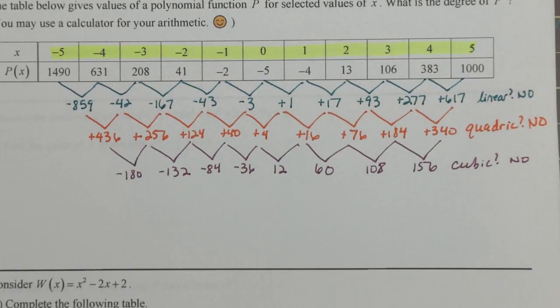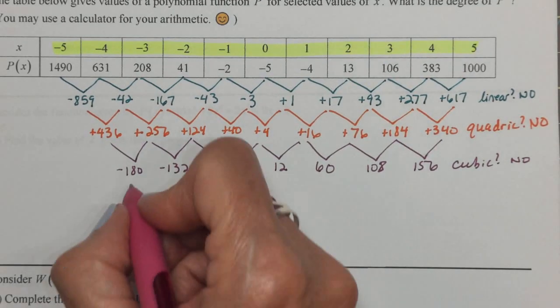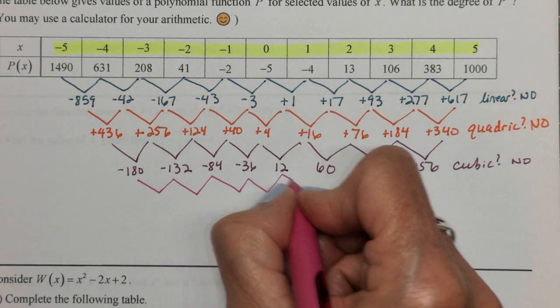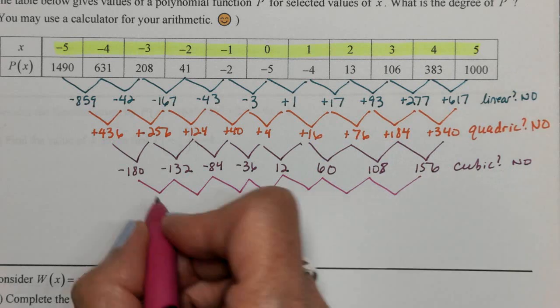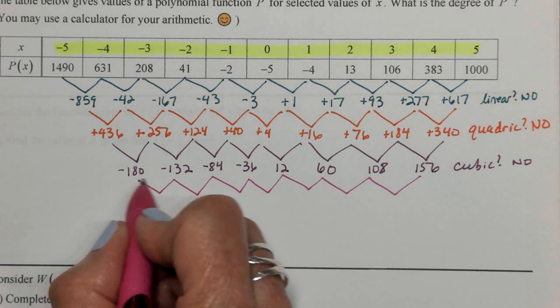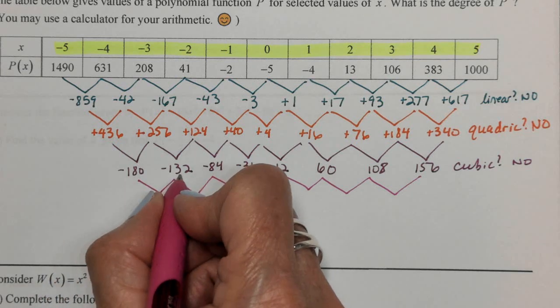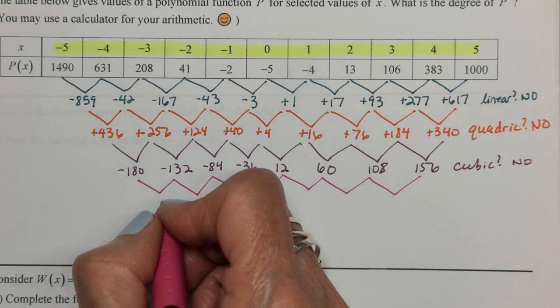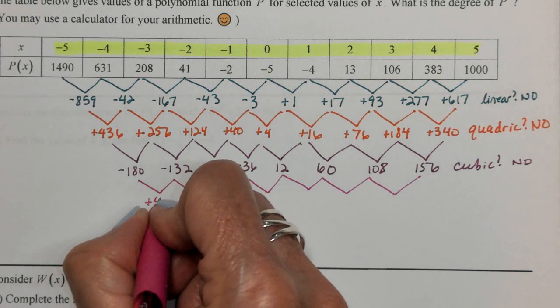Let's find out if it is quartic. Okay, negative 132 minus negative 180. So negative 132 plus 180 is positive 48.